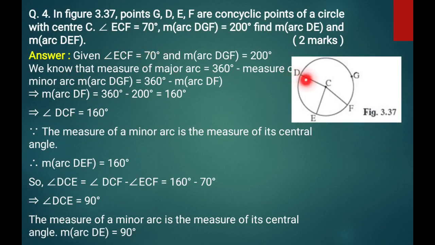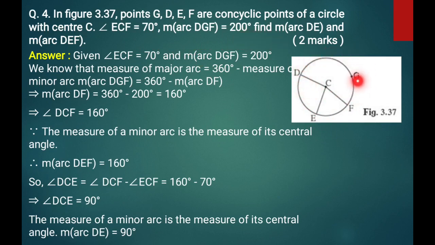Now see question number 4. In figure 3.37, points G, D, E, F are concyclic points of circle with center C. Angle ECF equals to 70 degrees. This angle ECF equals to 70 degrees. Measure of arc DGF equals to 200 degrees.